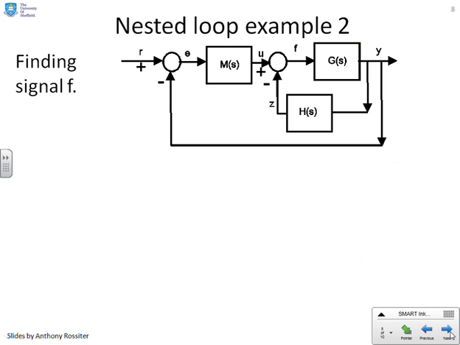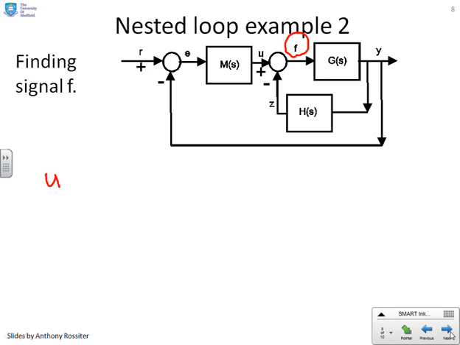Now finally, let's ask ourselves, okay, you've done the easy ones, you've done y, the output. What happens if you wanted something like this signal f, which is inside that inner loop? Well, actually it's not so bad, because what I will do is first identify u, which is outside that loop.